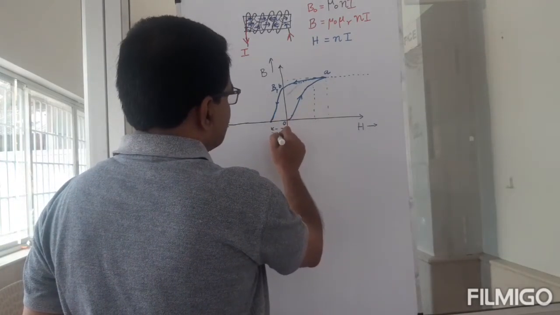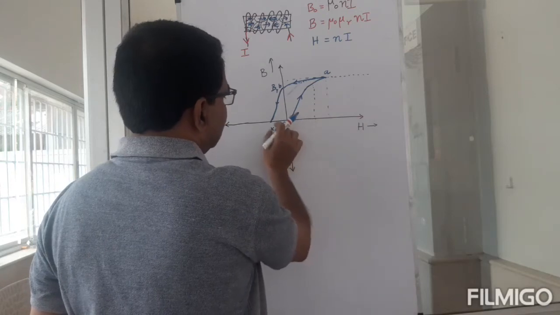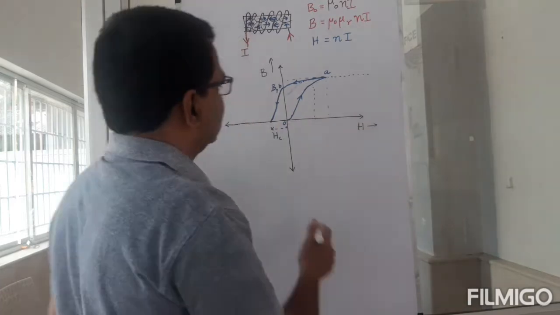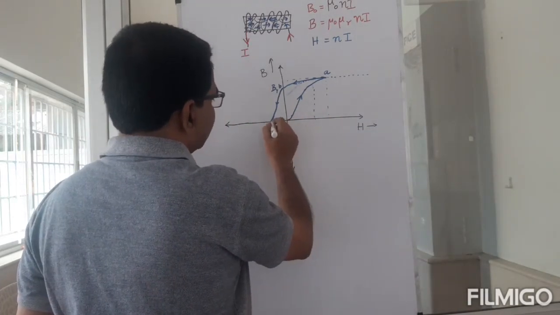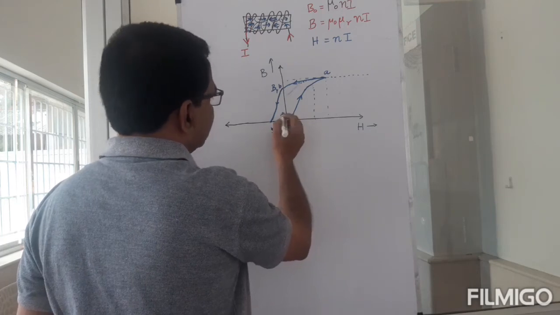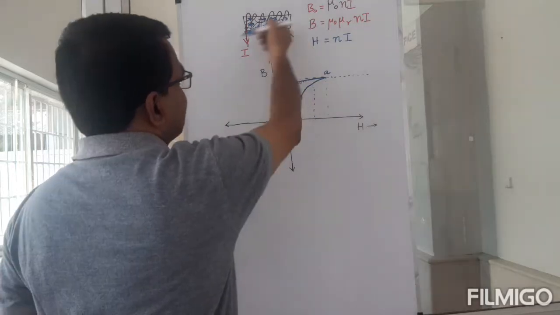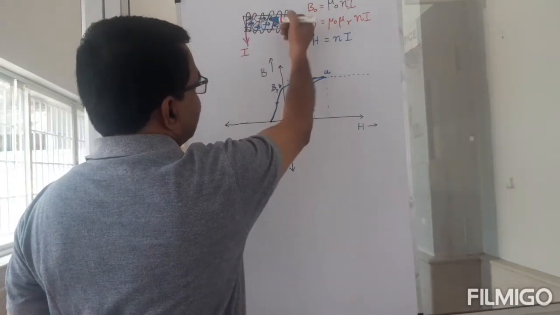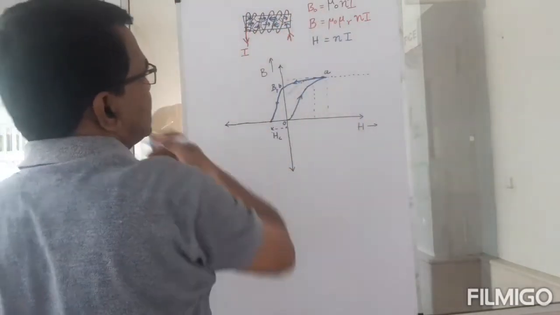Now HC is the amount of field intensity to bring the magnetism back to 0. Okay? You have coerced it to become 0. So now if you keep giving the current in this direction, you see more and more domains will align in the opposite direction.